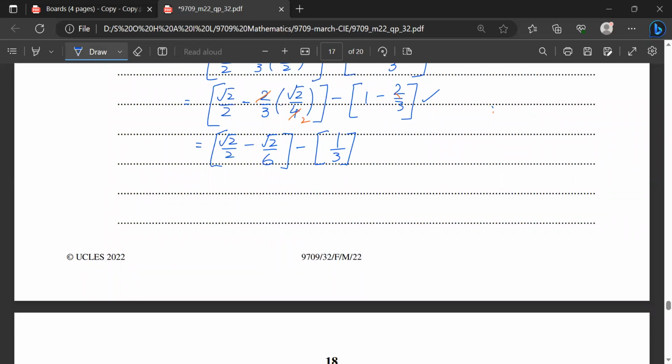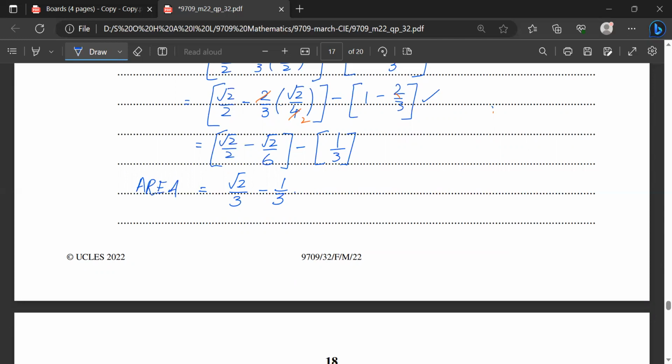Root 2 over 2 minus root 2 over 6, you can use a calculator or you can do this manually. So we have the answer for the area.